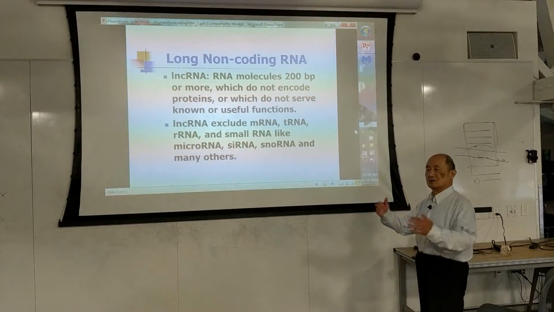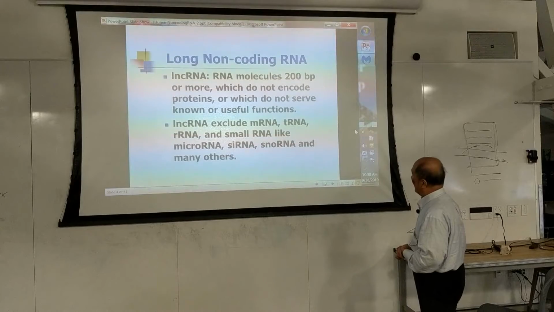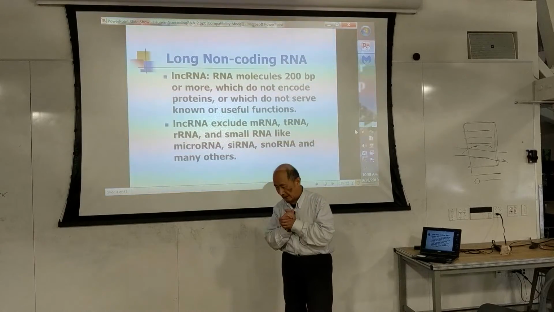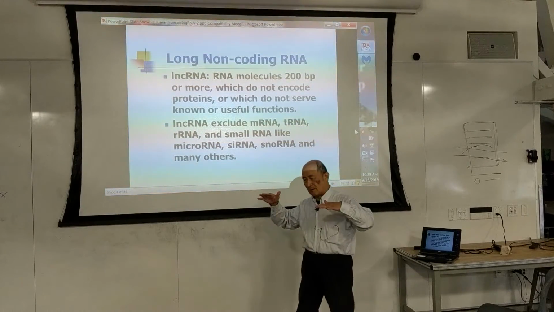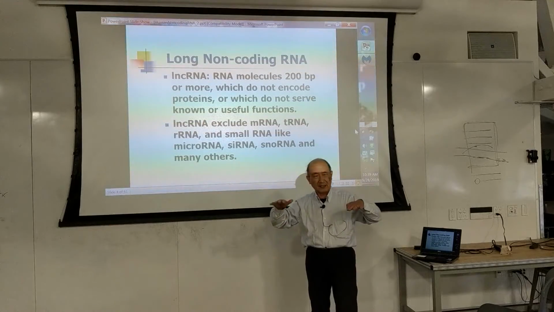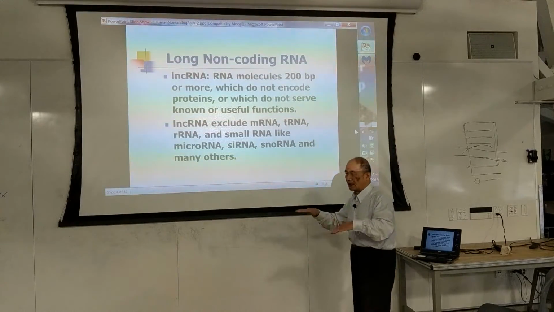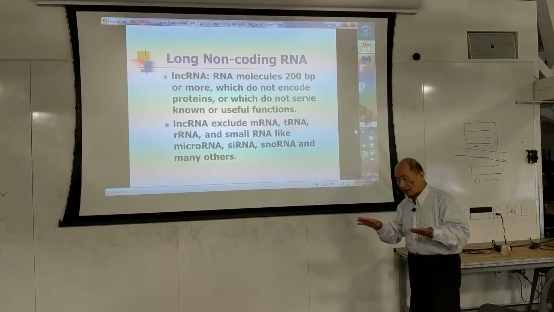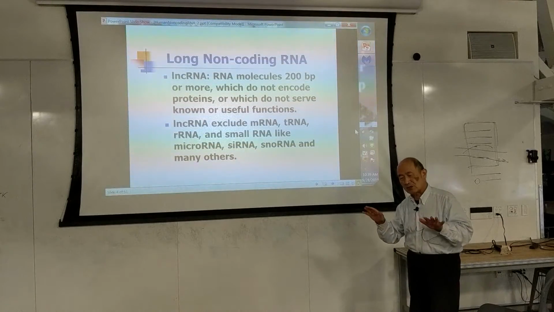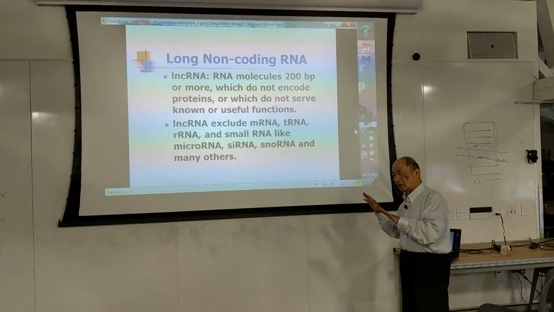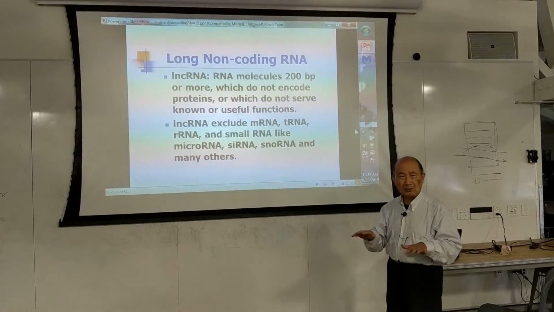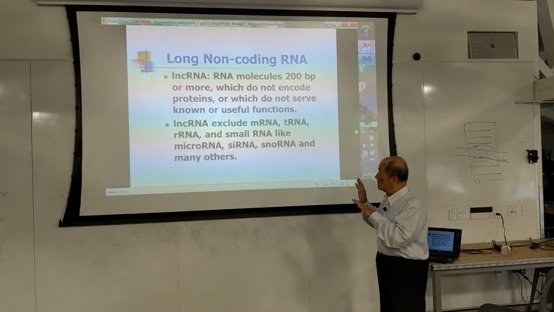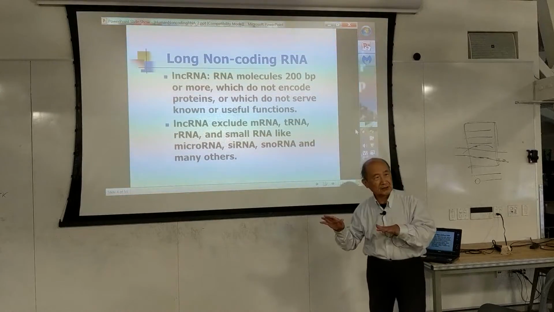So we have this idea that information is copied from DNA to RNA, and from RNA moves on to the protein. So the part of the DNA which is not used for protein is called non-coding DNA. And there is lots of non-coding DNA that is transcribed into RNA.